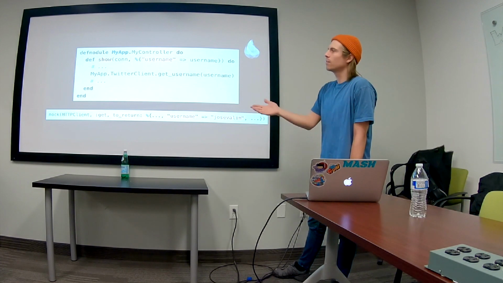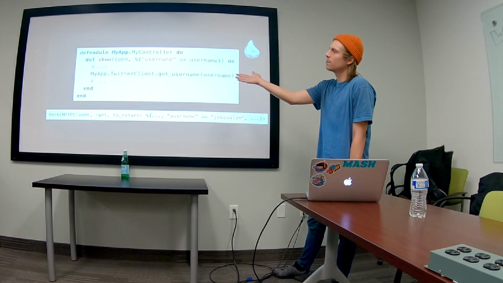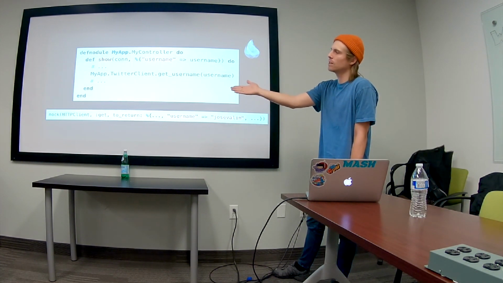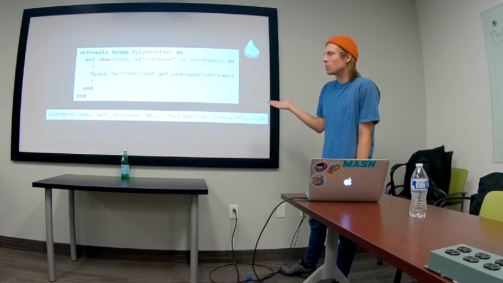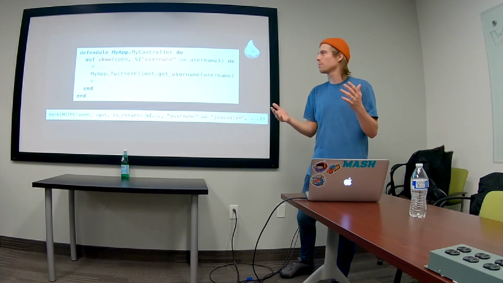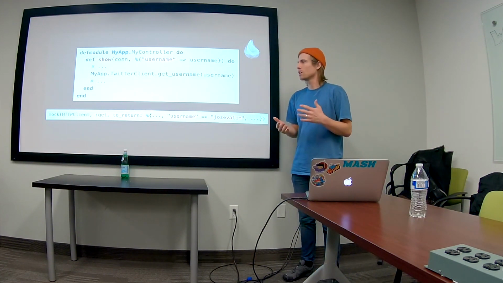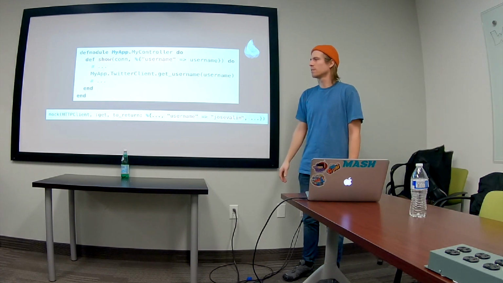Effectively, you can imagine your Twitter client probably uses the HTTP client to do that request. This is one way you could do it, but can anyone think of some drawbacks to doing something like this?